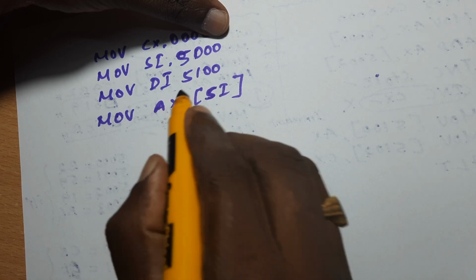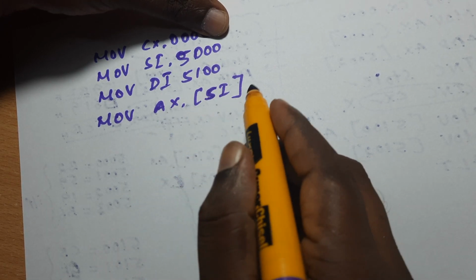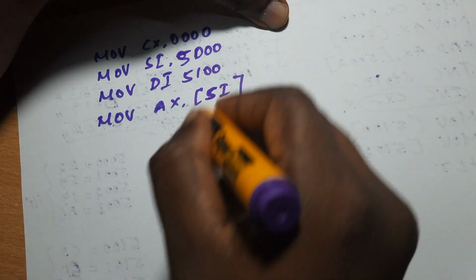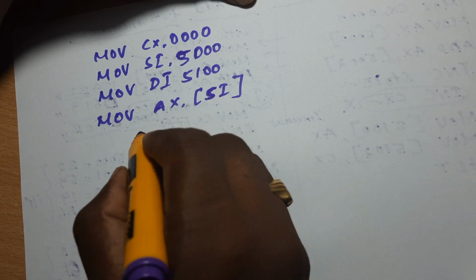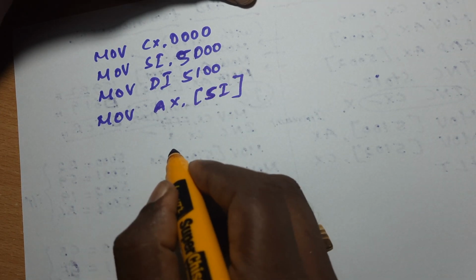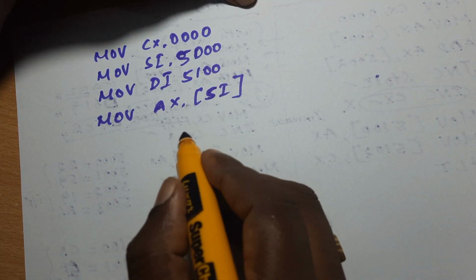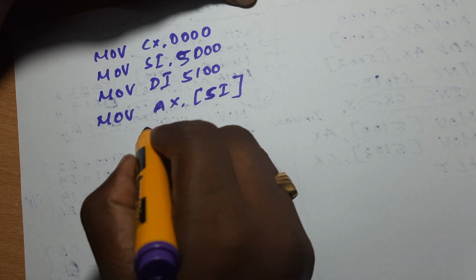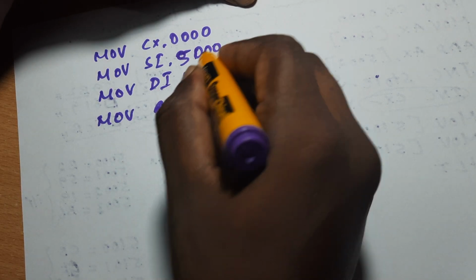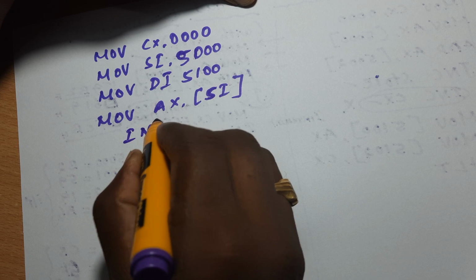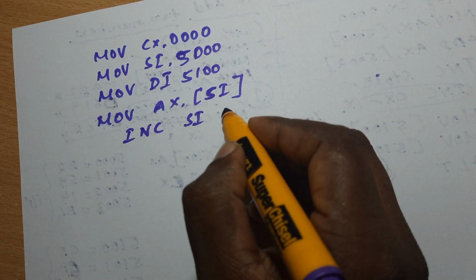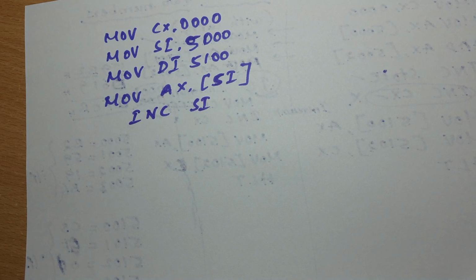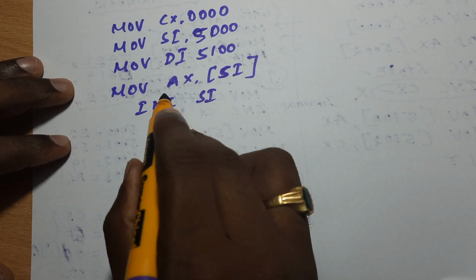X always indicates a 16-bit register, yes, in these four general purpose registers AX, BX, CX and DX. Now I need to go to the next memory location, the next input. Here SI is pointing only to 5000, so I need to increment SI. SI now has 5001, but 5001 has already been moved to AH.